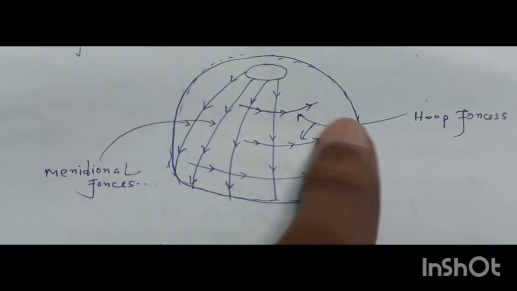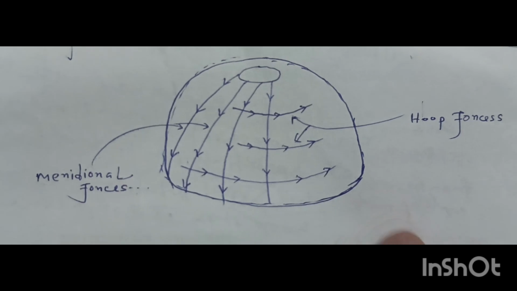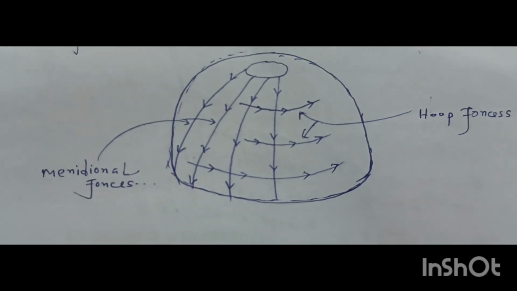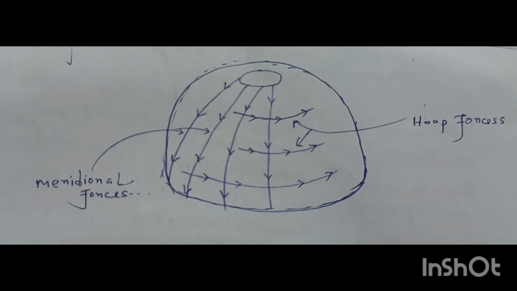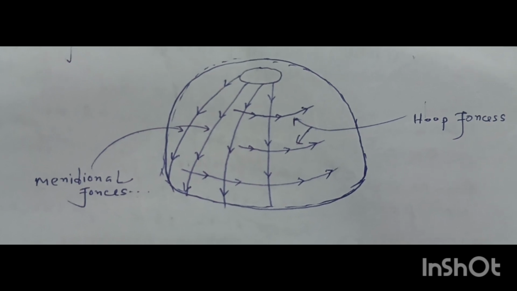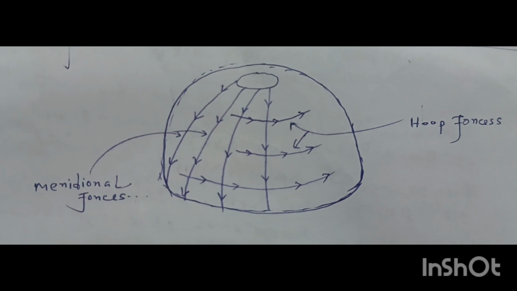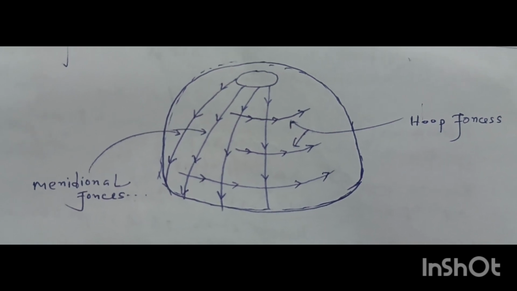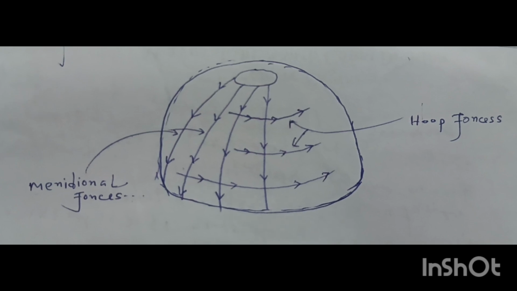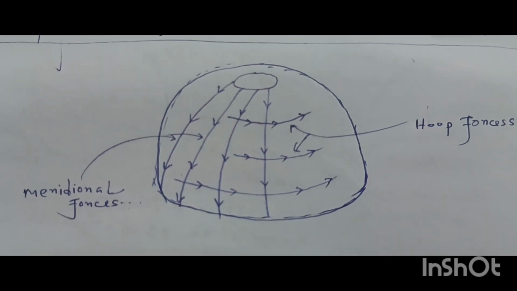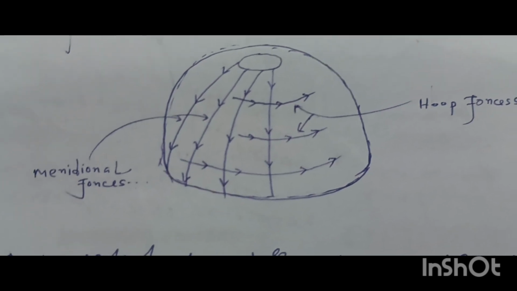The hoop stress in a dome subjected to UDL is tensile at all sections whose radius vector is at an angle greater than 51.51 degree with the vertical. This is because in a spherical dome under UDL the vertical force is compressive while the hoop force changes from compressive at the crown to tensile beyond the angle of approximately 51.51 degree from the vertical. The hoop stress is directly related to hoop forces. Therefore, the hoop stress is tensile in the lower portion of the dome.